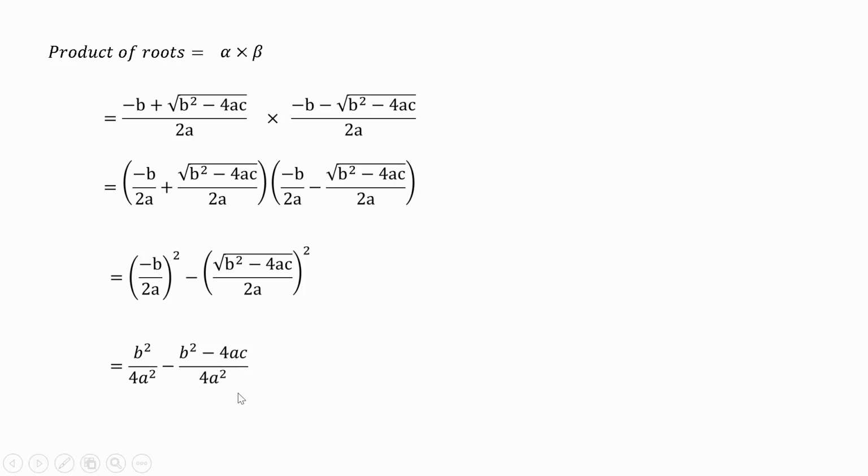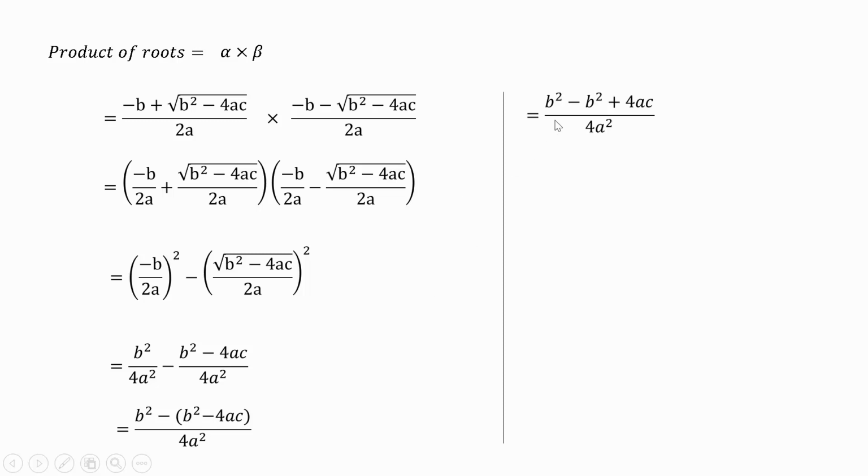Here the denominators are the same, so we subtract the numerators: b square minus, b square minus 4ac, upon 4a square. Solving the bracket, this is b square minus b square plus 4ac by 4a square, where minus minus becomes plus and b square minus b square cancels. Therefore we get 4ac by 4a square; 4 cancels and a cancels, so we get c by a.